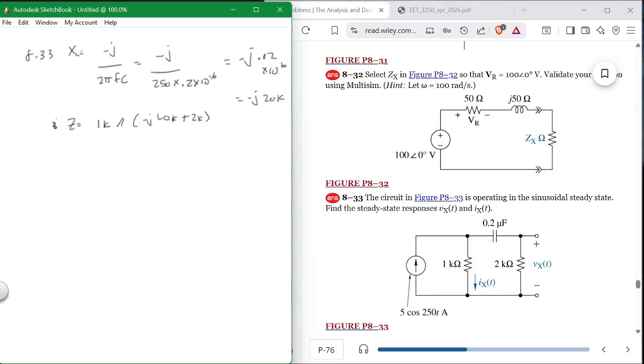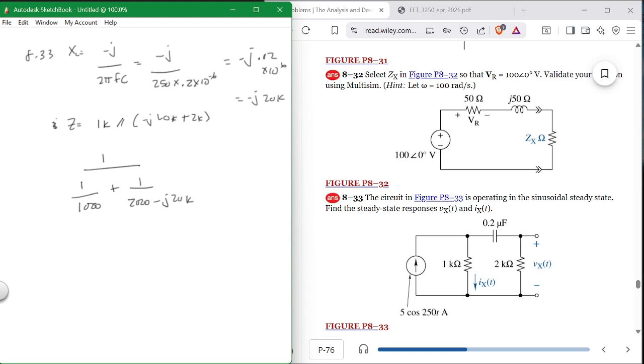So that is 1 divided by 1 over 1,000 plus 1 over 2,000 minus j 20,000. Okay, so let's do that. Let's see if we can get this one to work. 1 divided by parenthesis 1 divided by 1,000 plus 1 divided by parenthesis 2,000 minus 20,000 j in parenthesis, equal.